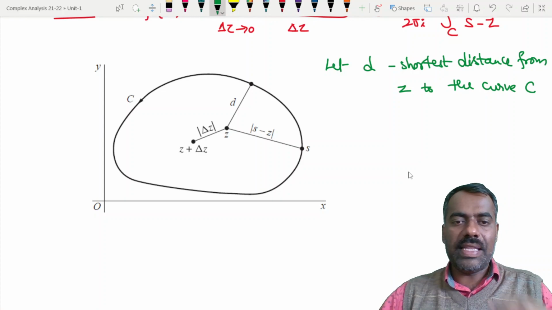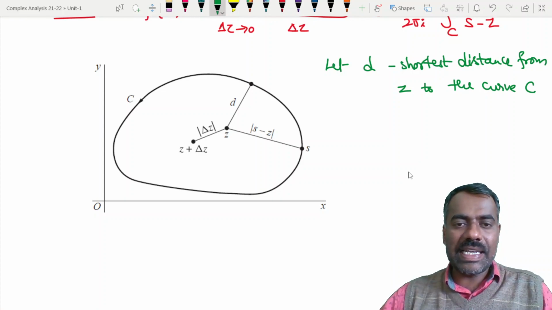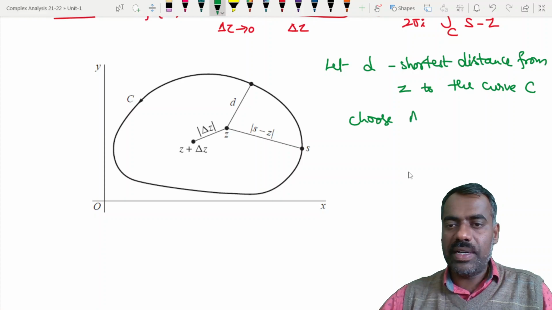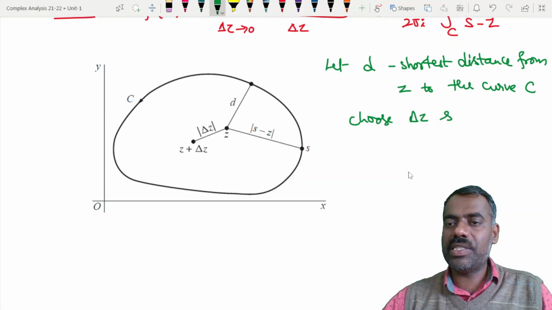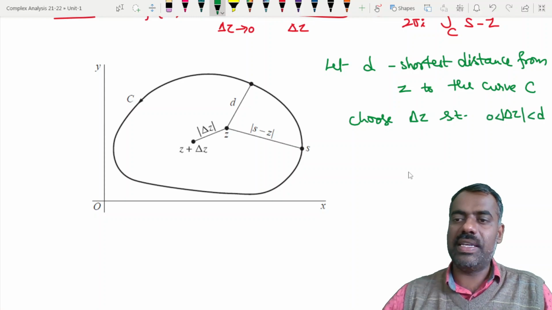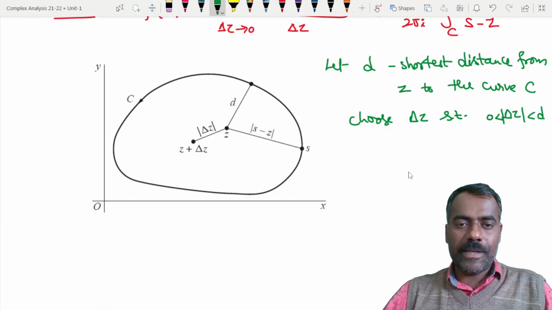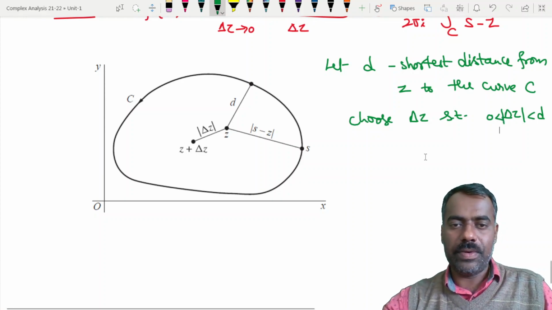Then we'll select delta z such that modulus of delta z is less than d. Of course, this value is strictly greater than 0. That is always possible.